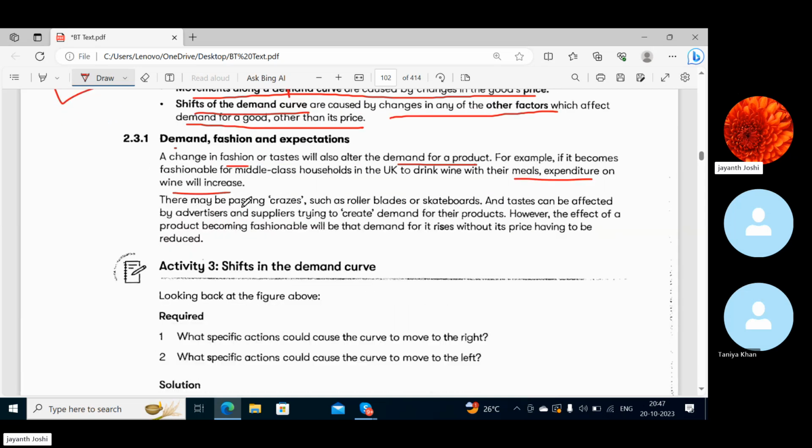There may be passing crazes such as roller blades or skateboards. Like the middle class these days, you go to apartments and people are more often using these. And taste can be affected by advertisers and suppliers trying to create demand for their products, like Maggi.